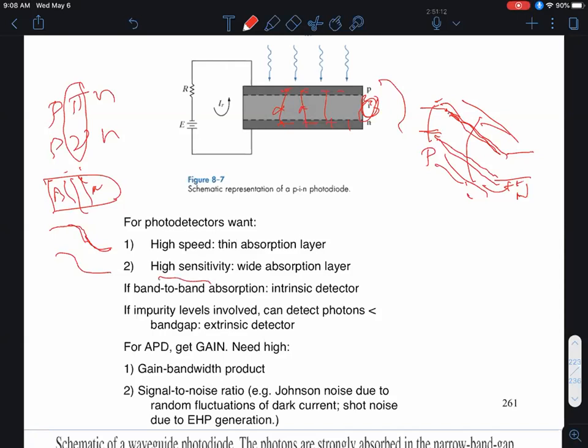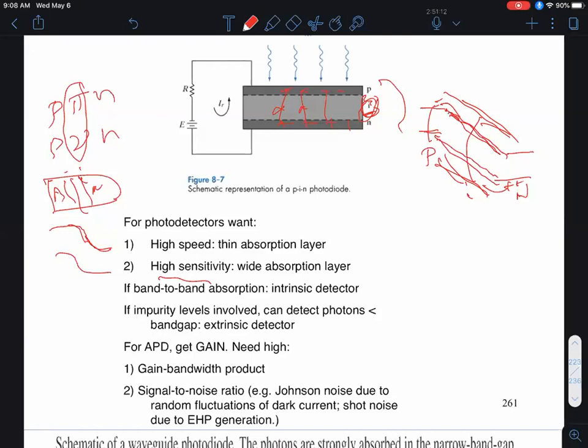Sensitivity means how much electrical output I get as a function of the light flux. And obviously you'd want as high of a sensitivity as possible. That tells you immediately that I want the I region to be as thick as possible, right? Because if it's very thick, when I shine light through it, I'm guaranteed that all of that will be absorbed within the I region, and I'll get the maximum electrical output possible.